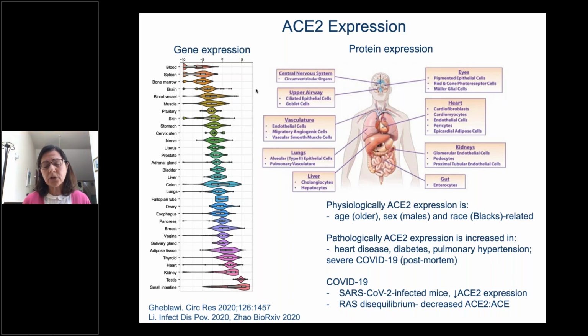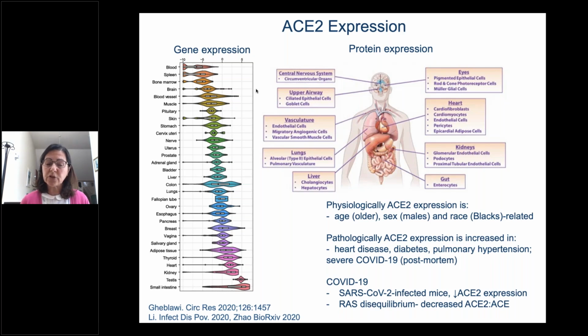And I just want to highlight to you, with respect to what we understand in terms of ACE2 expression in COVID-19, it actually seems rather unclear at the moment, because experimental models actually suggest that ACE2 expression may be decreased.